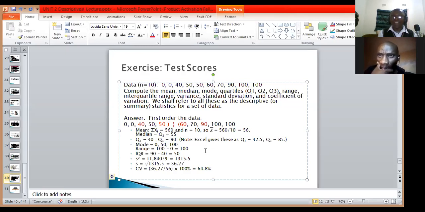Here you have 5 elements: 1, 2, 3, 4, 5. Your median is what is at the center, which is the third observation from the beginning or the third observation from the end. So that is our lower quartile.